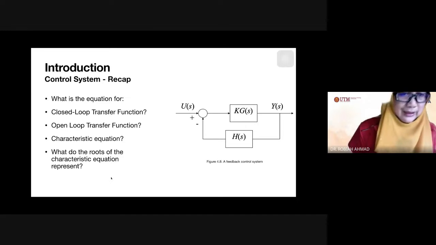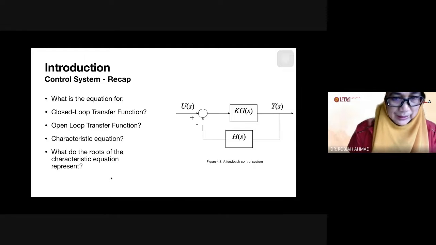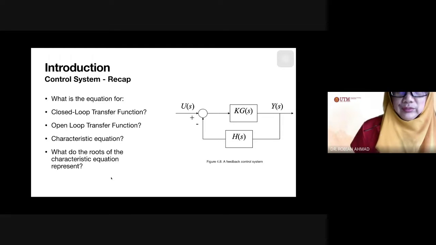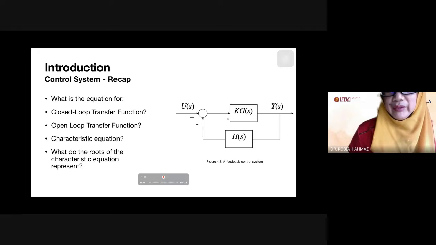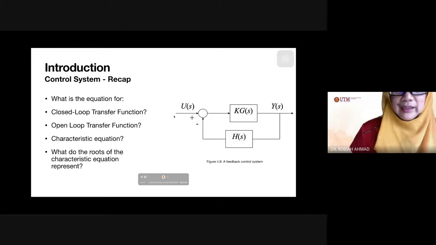Again, another recap. Now that we have gain K, our transfer function for this one is K G(s). The others are all the same as the previous block diagram.